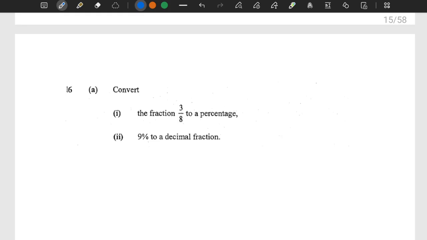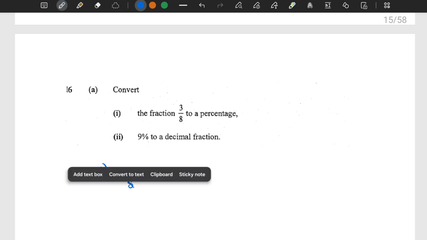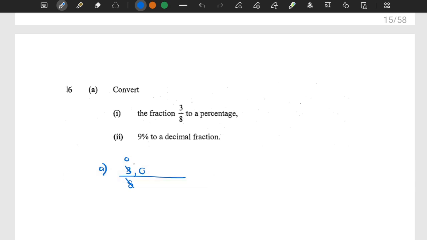Okay, great. Then we have this one which says convert 3/8 to percentage. Remember, this is paper 1, so no calculator. So 8 into 8, 1, 8 into 3, 0, remainder 3, 8 into 30.